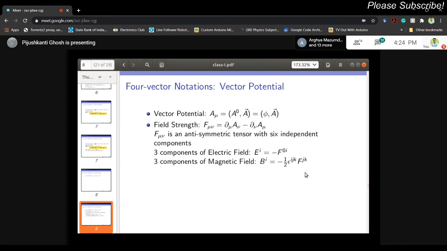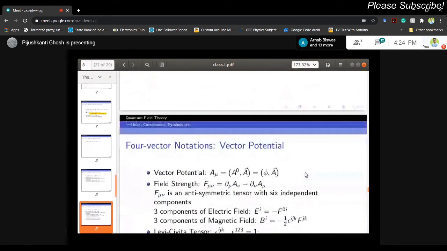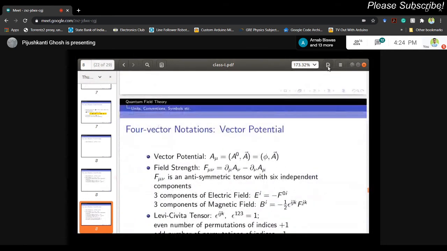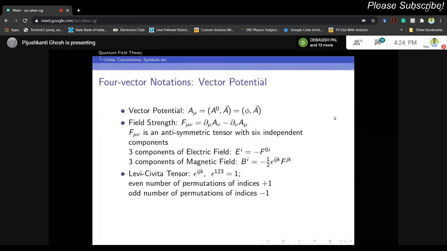Here we have defined this epsilon_ijk is the Levi-Civita tensor. Epsilon_123 is equal to 1. This is the definition. If you make an even number of permutations of indices you get plus 1, and if it is an odd number of permutations, you get a minus 1.